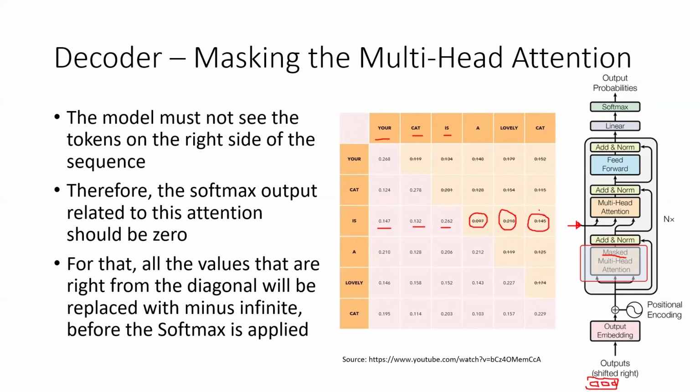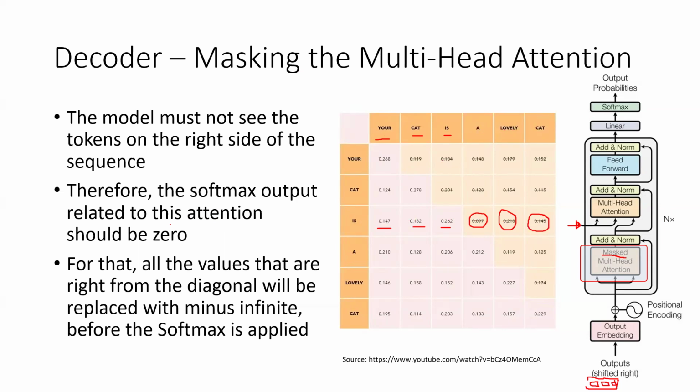Because the decoder is an auto-regressive learning model, right? That means it should see only the previous inputs, "your cat is", but not the next tokens that are coming after it, "a lovely cat", right? These tokens should not be there.